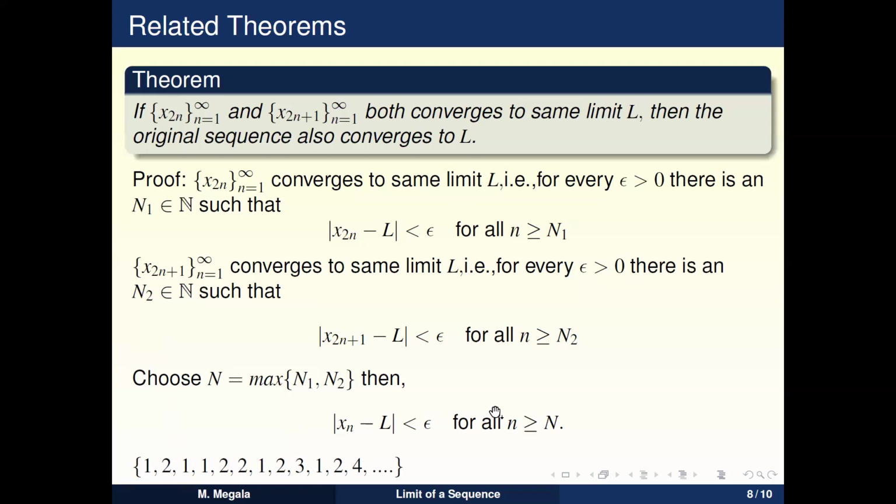And then another subsequence takes the third entry, and then the fourth, fifth and sixth. These both subsequences are constant sequences, and they converge to one. But the original sequence will not converge because it's going 1, 2, 3, 4, up to infinity. Those numbers also are coming inside, so it will not converge to any point.